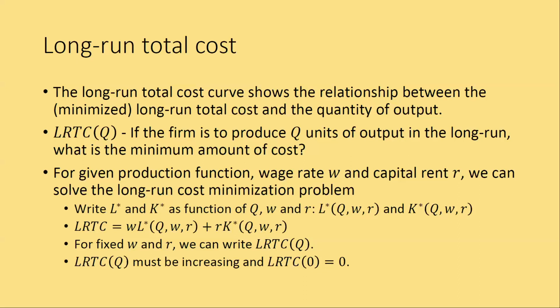So we say in the long run, the firm has enough flexibility to adjust all of its inputs. And essentially, the firm can choose to use 0 units of all of its inputs if the firm were to produce 0 units of output. Therefore, the long run total cost when the firm produces 0 units of output must also be 0.